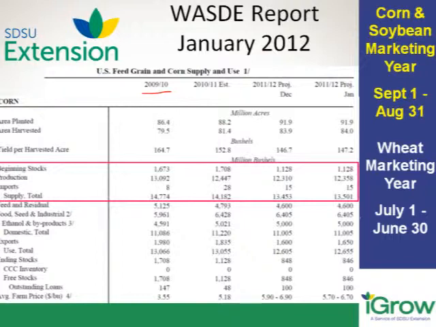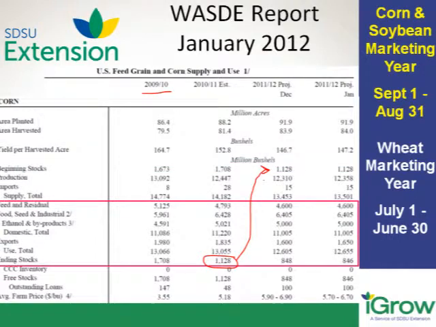Notice there, for example, that the ending stocks number from the 2010-11 marketing year is what constitutes the beginning stocks for the next marketing year. So that's the supply side of the balance sheet.